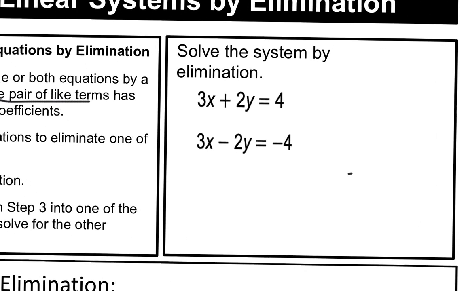So if I look at these equations, 3x plus 2y equals 4, and 3x minus 2y equals 4, if I add those together, I've got a plus 2y and a minus 2y. If I add these two equations together, these will cancel out by combining like terms. 2 minus 2 would leave me 0y.